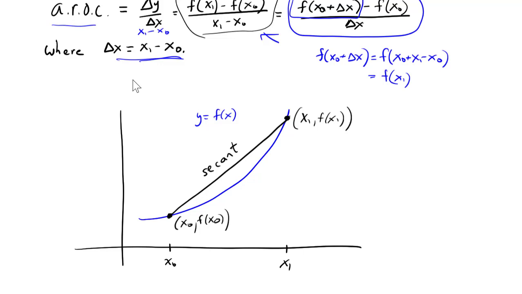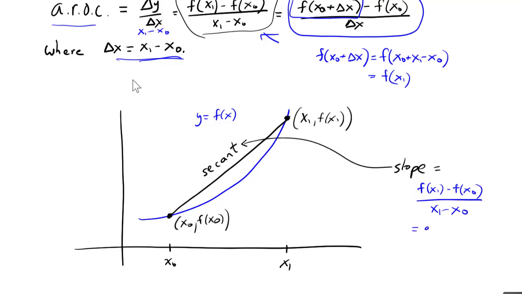Now that's not the curve we're looking at, but it's something related to it. So this secant line, its slope would just be f of x1 minus f of x0 over x1 minus x0, which is just our average rate of change.